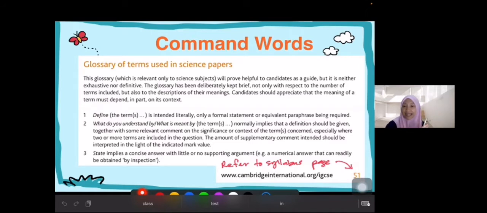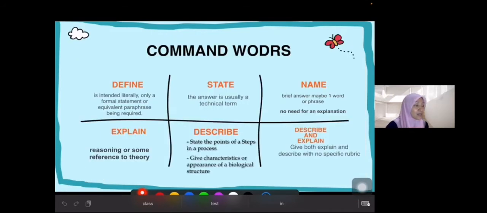Ada banyak lagi tapi hari ni teacher tak sempat nak tengok satu persatu. So I choose beberapa yang I rasa macam selalu keluar, keep repeating in paper 4. That is define. That's why I seriously show how to write good definition in paper 2.